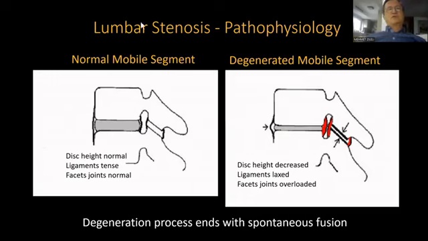On the left, you will see a normal motion segment. On the right, a degenerated motion segment, in which the disc height is decreased, ligaments are relaxed, and facet joints are overloaded.